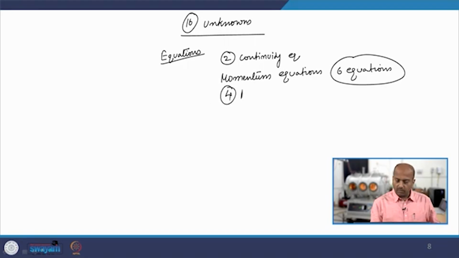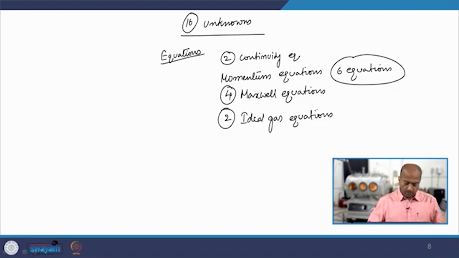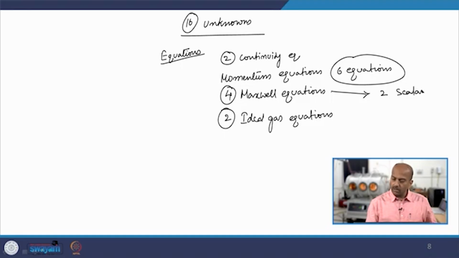Then we have 4 Maxwell equations, then two ideal gas equations. Within the Maxwell equations, we have two scalar equations and two vector equations.